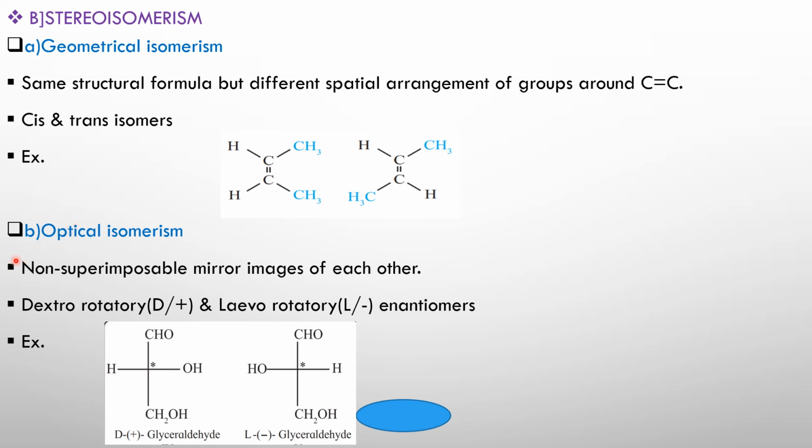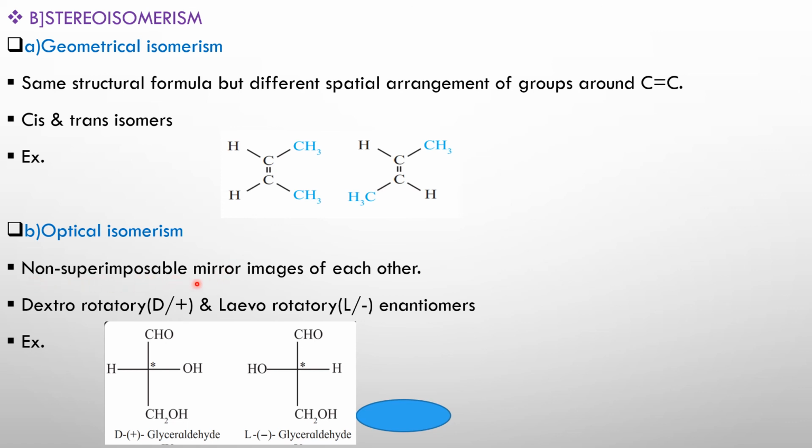Then the second type in stereoisomerism is optical isomerism. The optical isomers are non-superimposable mirror images of each other. Now non-superimposable mirror images means they cannot be imposed perfectly on each other.